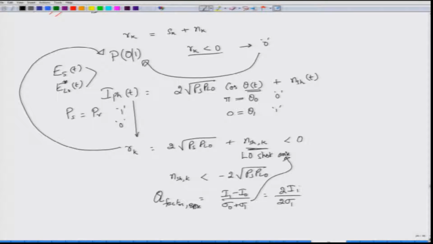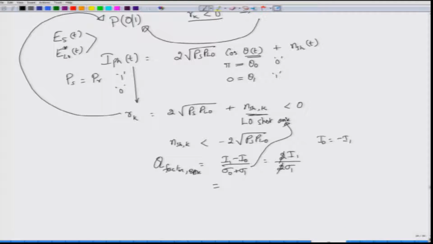When you transmit a bit 0 you will get minus the current, the amplitude would be negative. So, the 2 cancels, and the Q factor simply becomes I1 by sigma 1. Contrast this to the Q factor for on off keying.